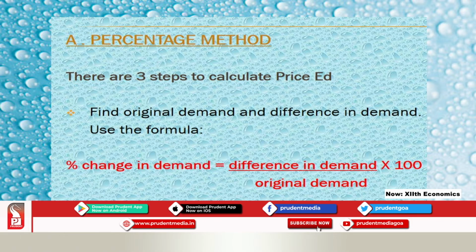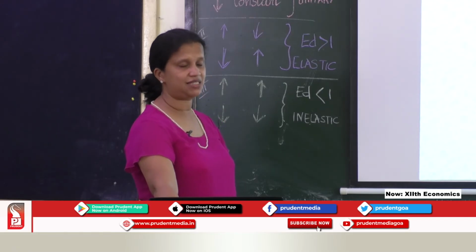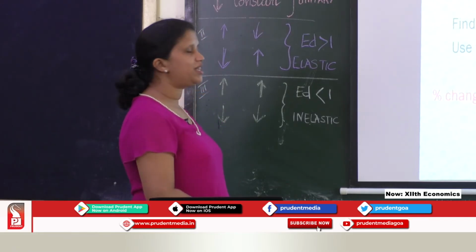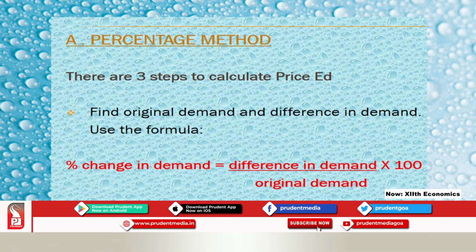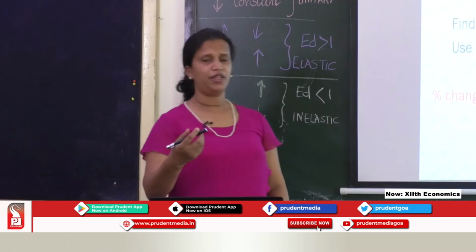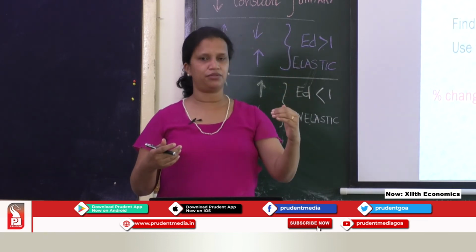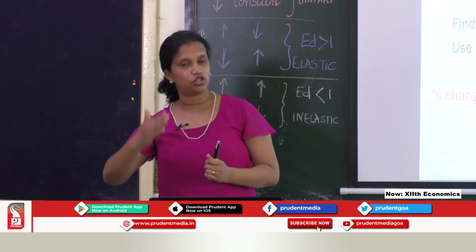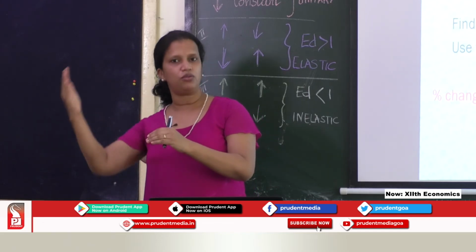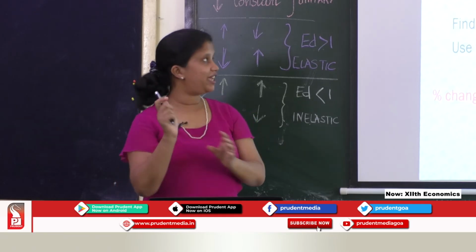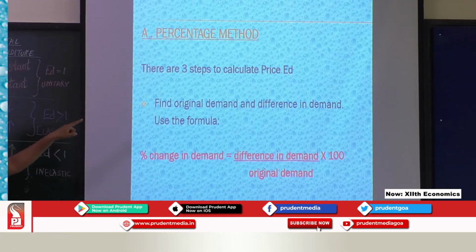This percentage method consists of 3 steps, to arrive at the price elasticity. What is the first step? First step, you need to find out the original demand and the difference in demand. Remember, price is changing from X amount to Y amount, and quantity demanded is also changing from one amount to another. So, there will be an original demand and a new demand.